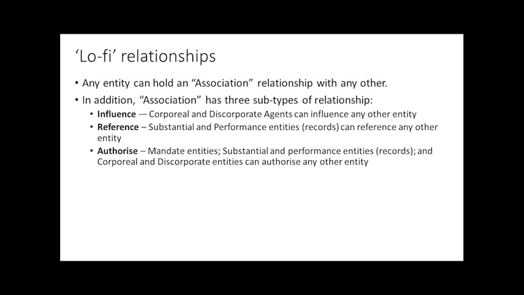So I've termed these low fidelity relationships because they're less meaningful in some ways than these first class relationships. But I think they're necessary to make it less long-winded and to capture some of the information we know about the world we're trying to document without being forced to go into the detail of creating all of these other types.